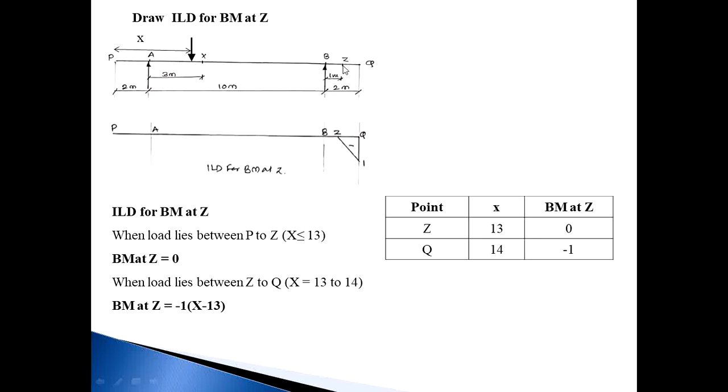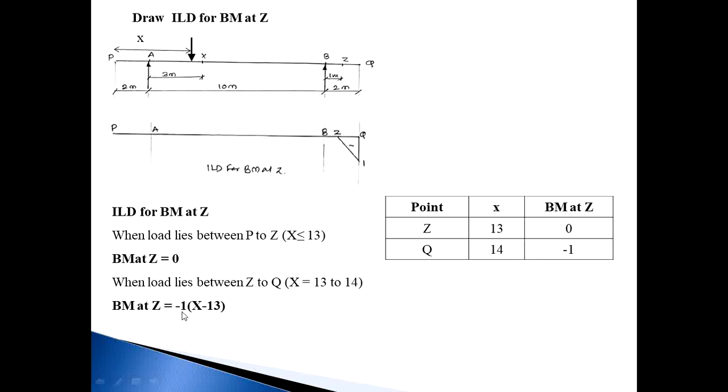Then next, when load comes at point Z or crosses this Z point and the load lies between Z to Q, the bending moment value is 1 kilonewton force downward. With respect to Z, the moment is clockwise, and we know the right side clockwise moment is negative.